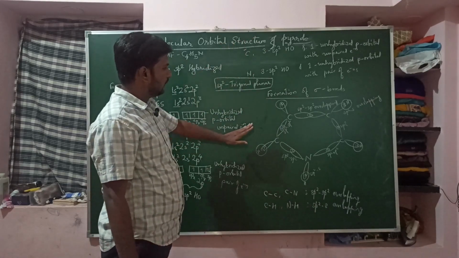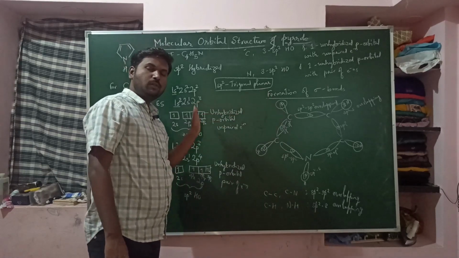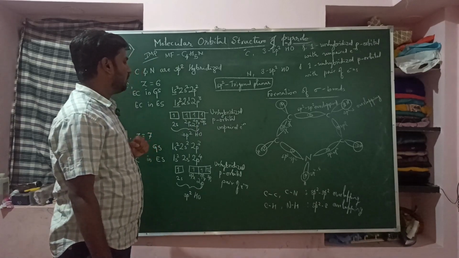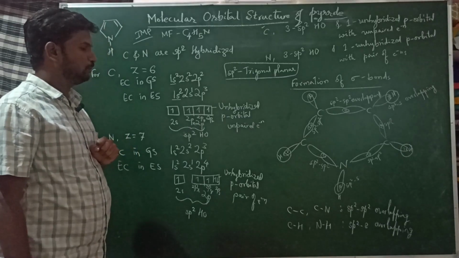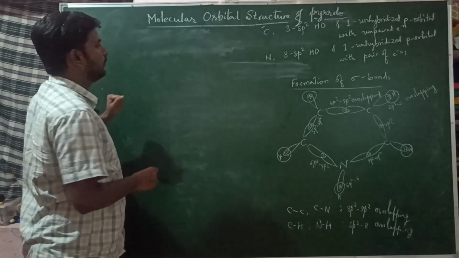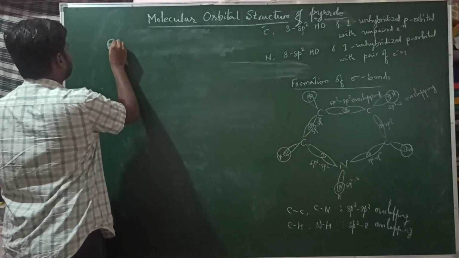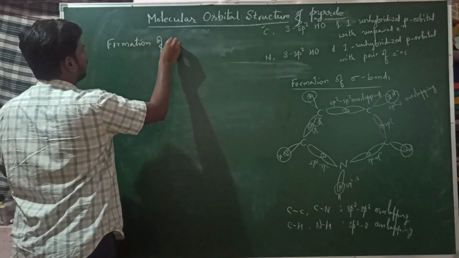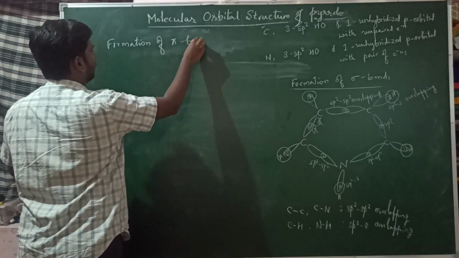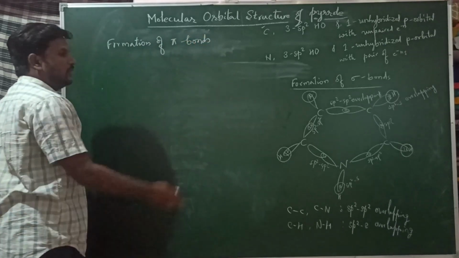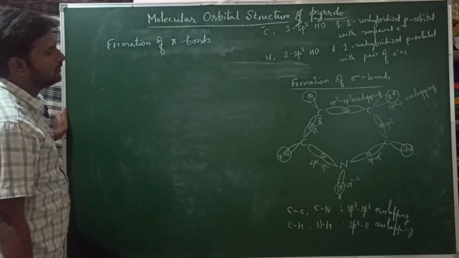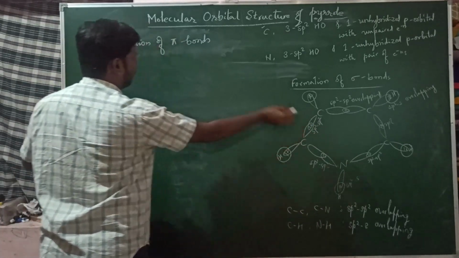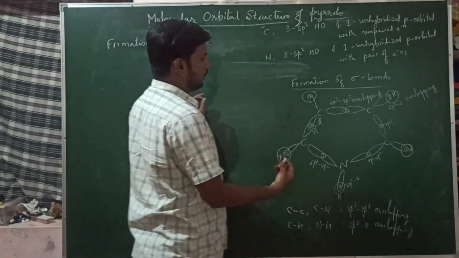Now after the formation of sigma bonds, we will move to the formation of pi bonds. Yes, we already got the molecular orbital structure for sigma bonds. That only I am writing, but I am forming its bonds here.